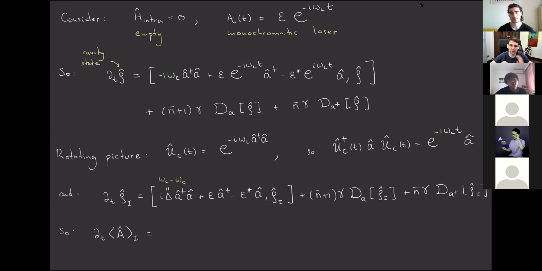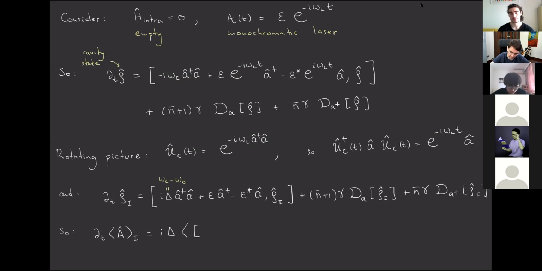But for a general one, if I ask you what is the time derivative of the expectation value of A in the intermediate picture, because it's the state that we have in the master equation, then, using what I just showed you on the previous blackboard, you will just have to evaluate this.